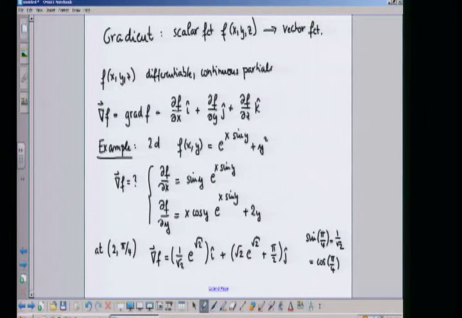Any questions about this? I think it's pretty straightforward, right? It's not really very troublesome. You just take the definition and you plug it in. So this brings us to the next point. What you can write down once you know how to take a gradient is what is called a directional derivative.